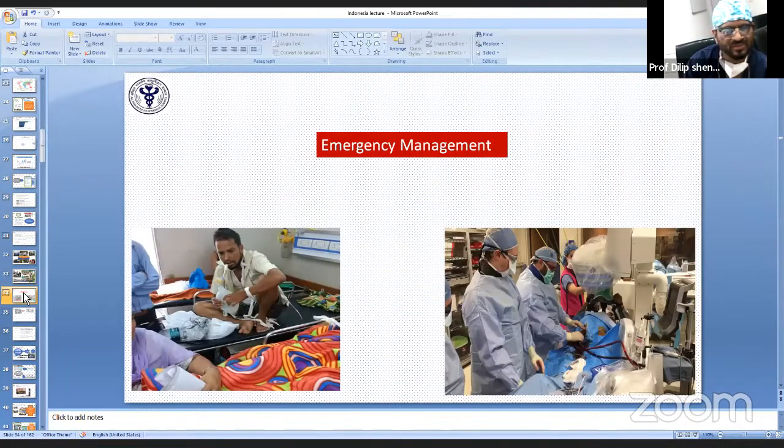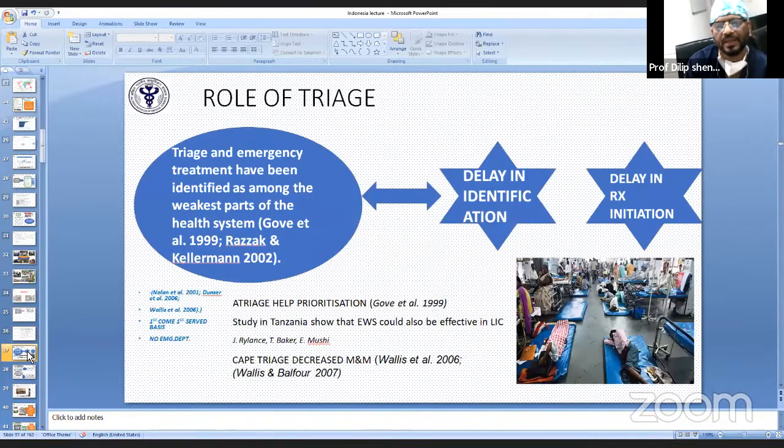Emergency management system is very important. So what is the role of triage? Triage and emergency treatment have been identified as among the weakest parts of the health system. The maximum number of deaths or complications occur usually in the emergency area because the triage system is lacking there.